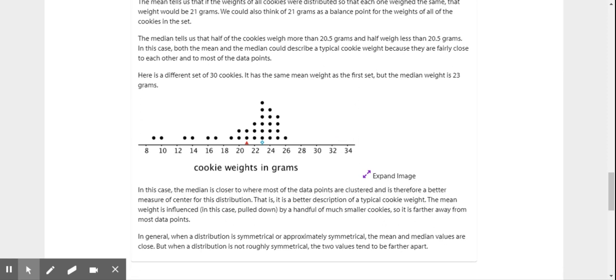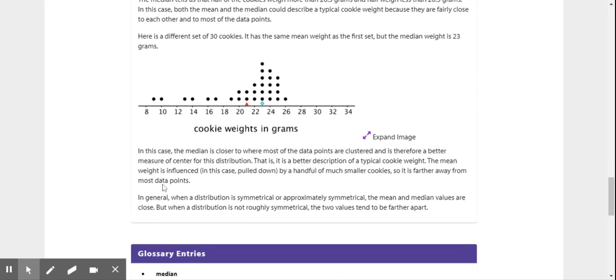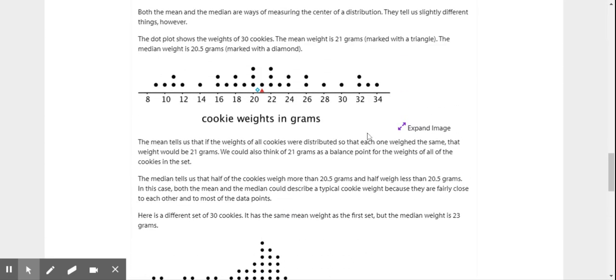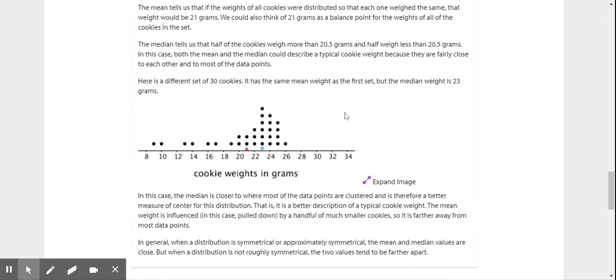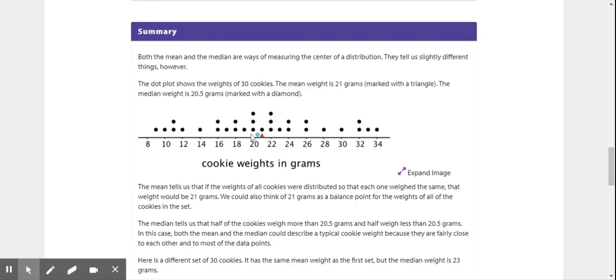Okay, so it talks about down below that in general, when a distribution is symmetrical, so like something that looks like this, that means that you're probably going to get the mean and the median to be pretty close. So it wouldn't matter if you described the data as the mean or the median. They're so close, it doesn't really matter.